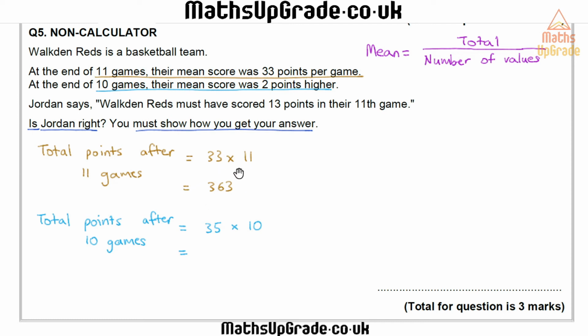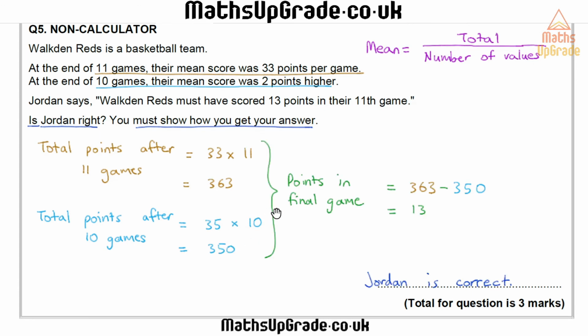Similarly, the total after 10 games is going to be the mean, which is 35, because it's 2 points higher than that, times 10. That's 350. So we can see after 10 games they had 350 points, after 11 games they had 363 points. So in the final game they must have scored 13 points. So Jordan is correct, and that's 3 marks.